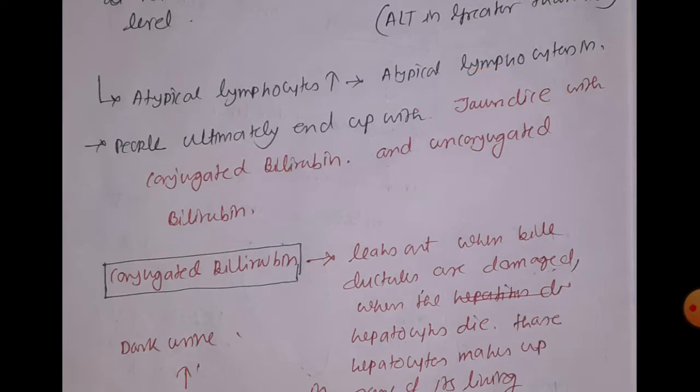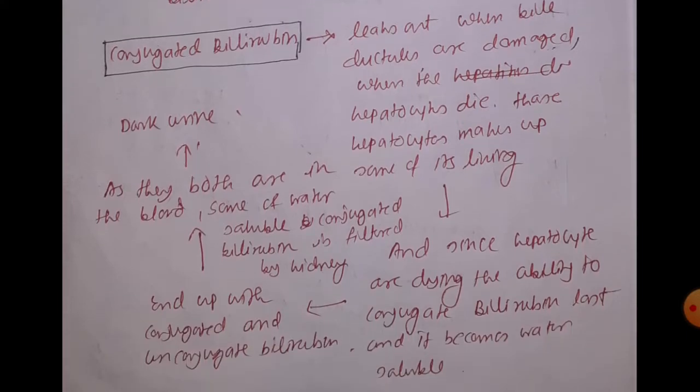So why are conjugated bilirubin and unconjugated bilirubin both associated? Because remember, due to the destruction of hepatocytes, bile ductules are also destroyed, because hepatocytes play an important role in their lining, and as they are destroyed, bile ductules are also destroyed, which results in the leakage of the conjugated bilirubin. Okay, and as conjugated bilirubin is leaked, the amount of conjugated bilirubin in the blood increases.